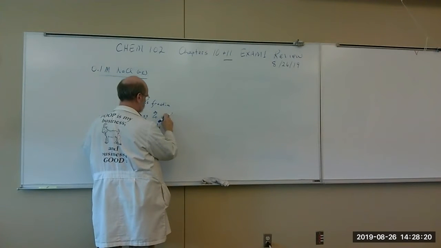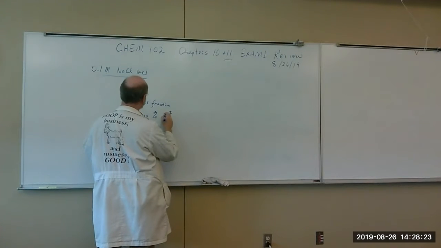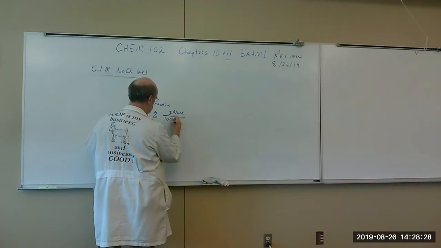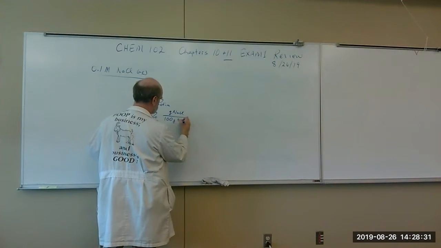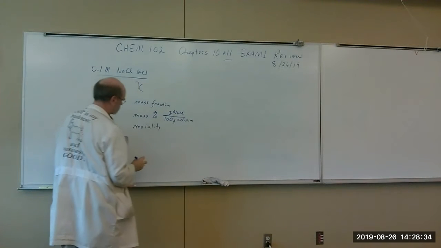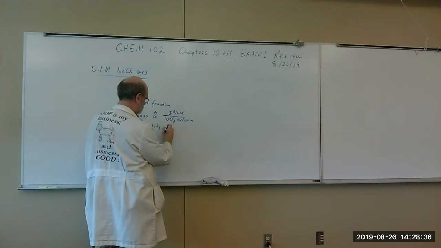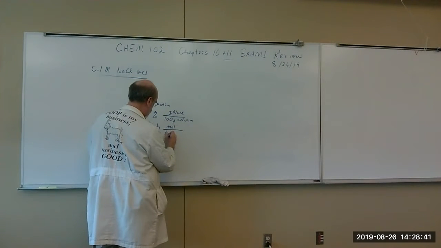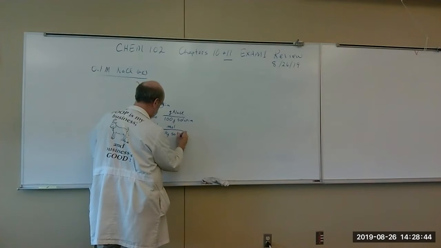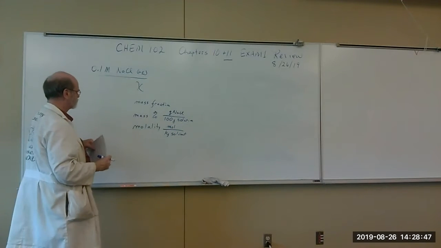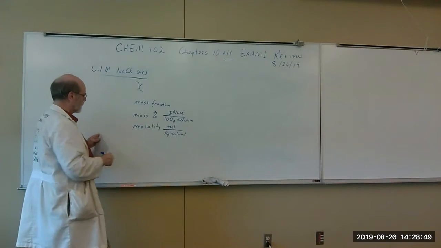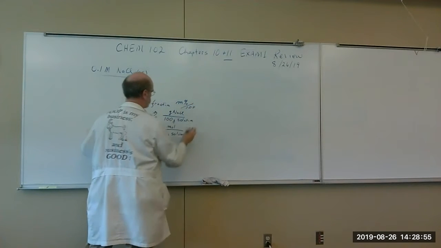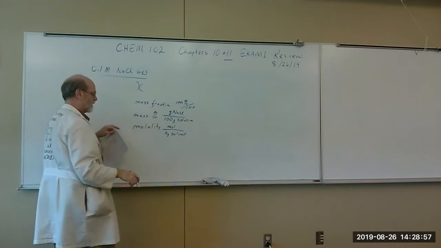This is parts per 100, like mass of sodium chloride per 100 grams of solution. Okay? What's molality? It's moles per kilogram of solvent. Okay? And this is mass percent divided by 100. Just take that one, divide by 100, and you get mass fraction.